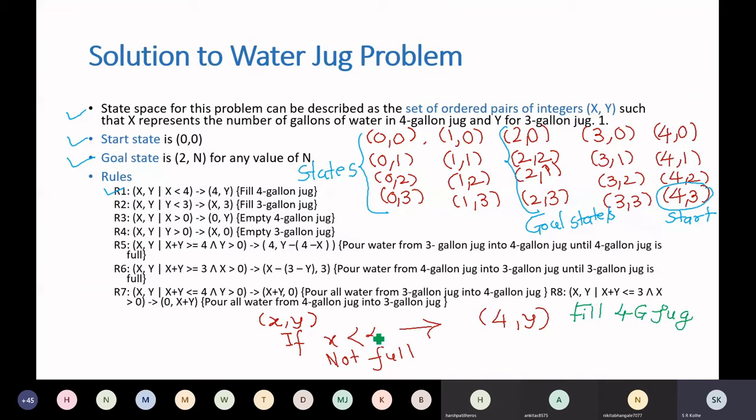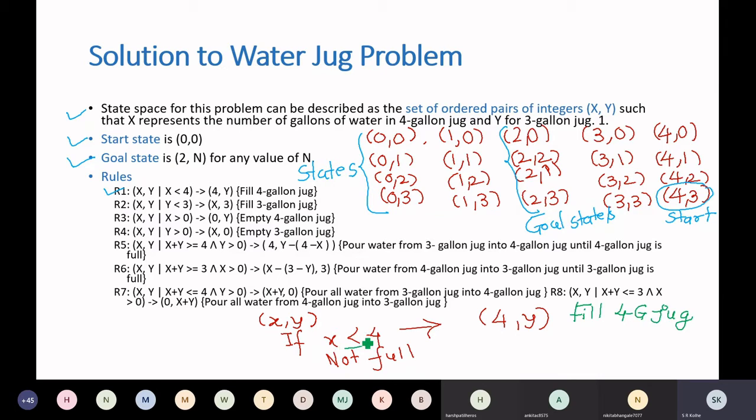Now, the precondition for this step is that x should be less than 4. So if x is less than 4, whatever may be the water in the 4-gallon jug, you can use a pump also. It is not necessary that you use water from the 3-gallon jug. You can use a pump and fill this 4-gallon jug separately.